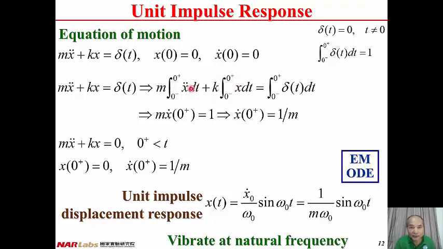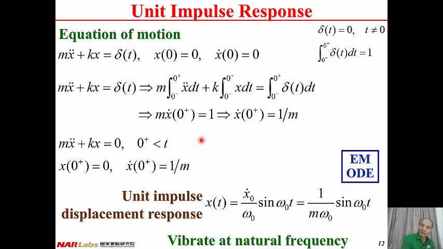And then we consider the first term on the left-hand side of the equation. You integrate x double dot dt. After integration, it becomes x dot. The integration of acceleration becomes the velocity. Therefore, we have two terms, x dot of 0 plus minus x dot of 0 minus.